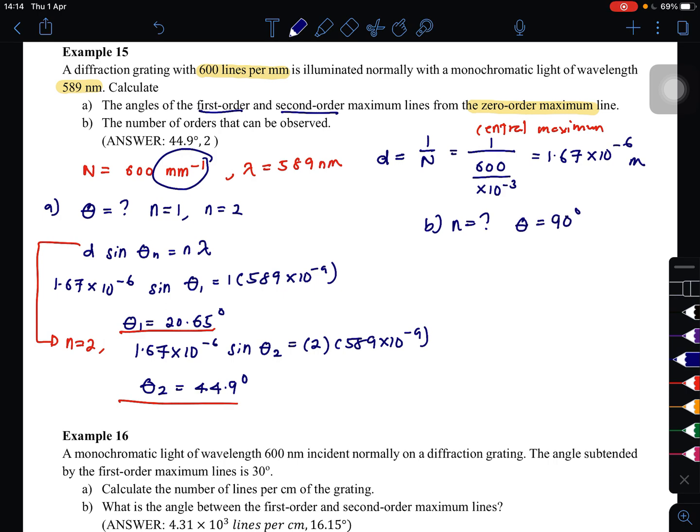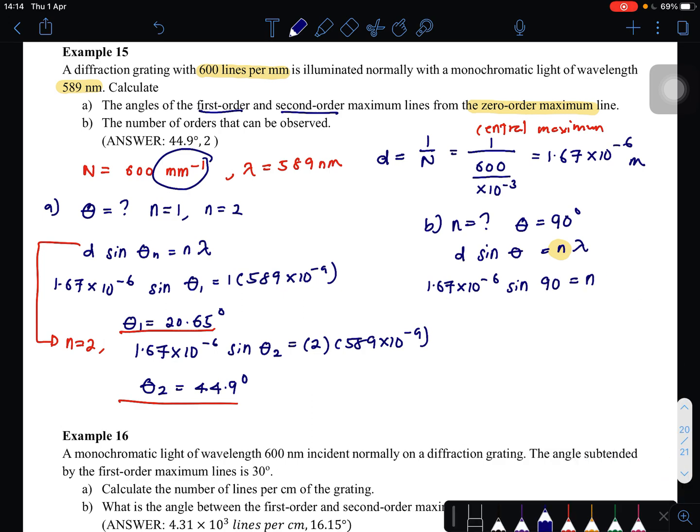So using the same formula, d sin theta equal to n lambda, and then we want to find this value n dekat sini. So d adalah sama 1.67 eksponen negatif 6 sin 90 equal to n, and then lambda is 589 eksponen negatif 9.